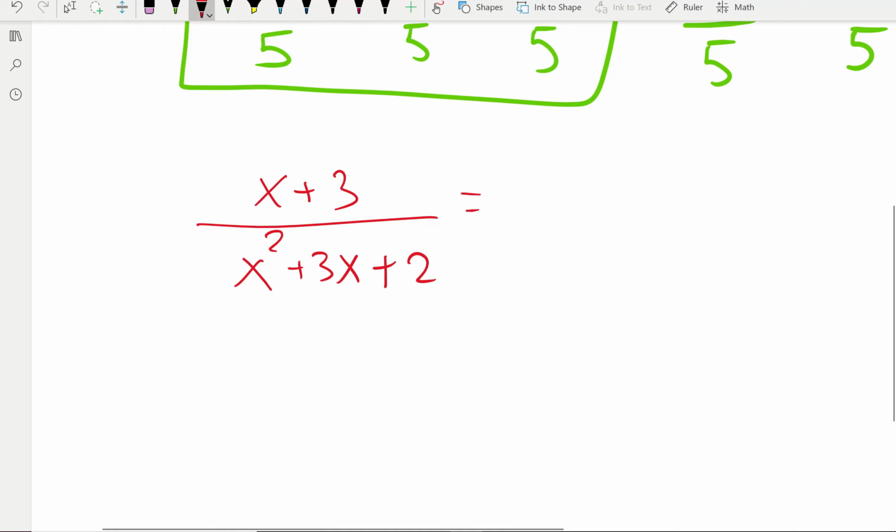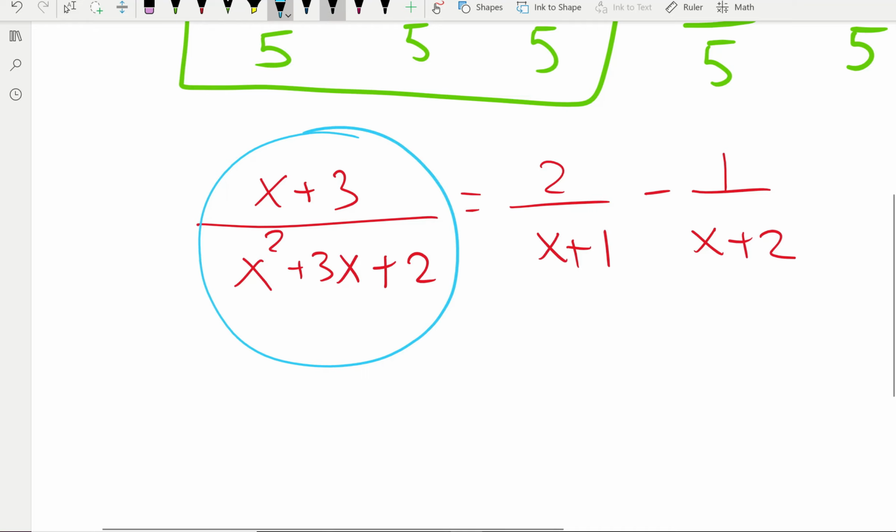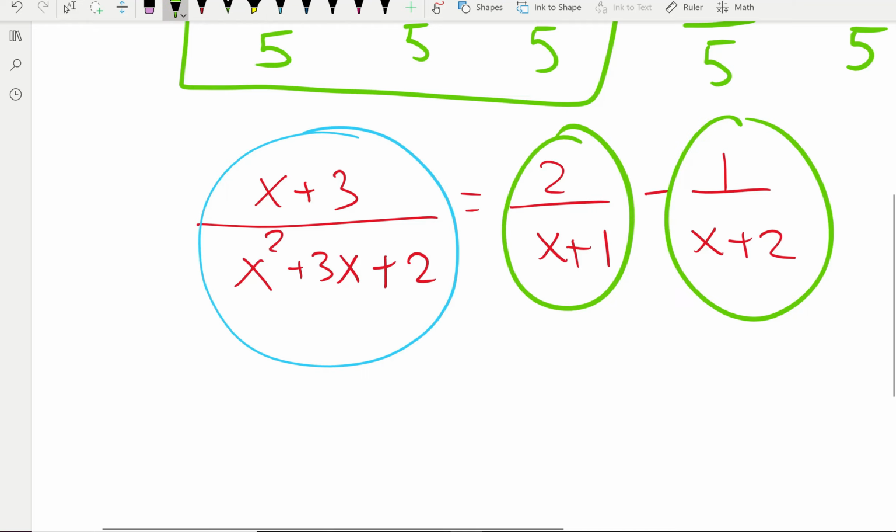Once you do partial fraction decomposition, what you get here is 2/(x+1) minus 1/(x+2). Now compare these three fractions, the fraction here and the fractions that I highlighted in green. Which ones are the simpler fractions? Well, the fractions that I circled in green are simpler than what we started with, right?